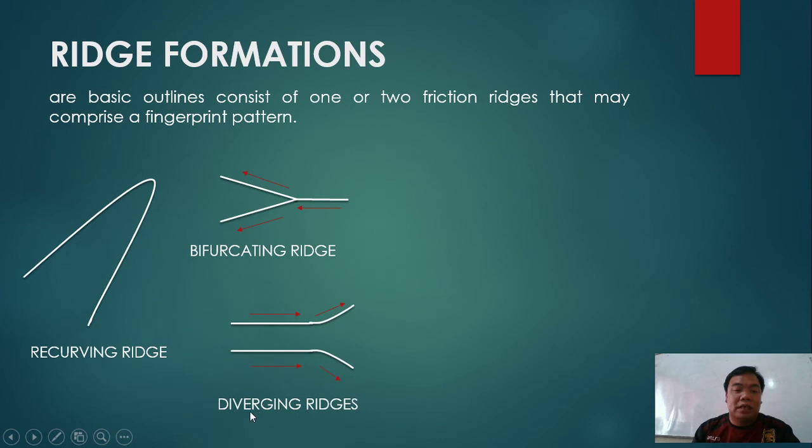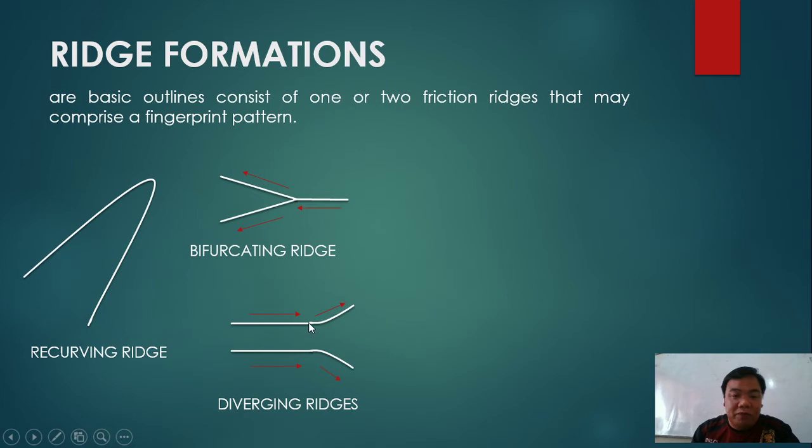Next, we have these diverging ridges. Take note, diverging ridges are composed of two friction ridges running side by side. Suddenly, they separate from one another. There is a point of divergence.